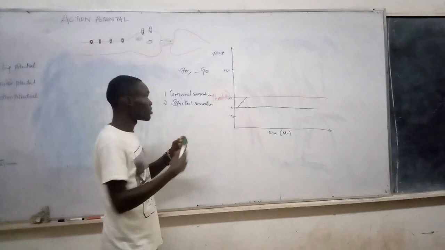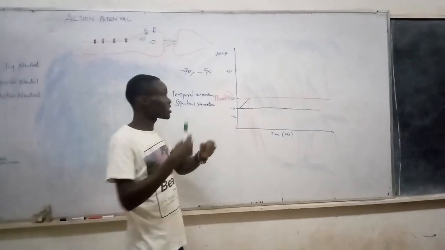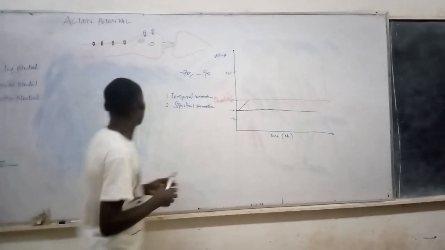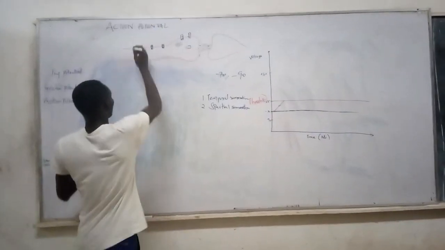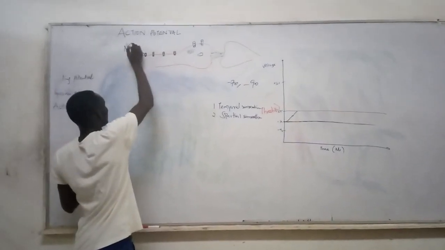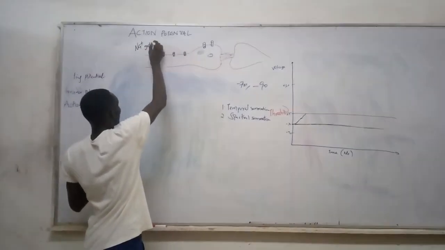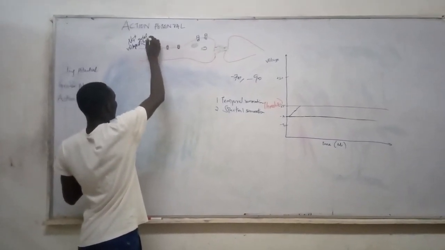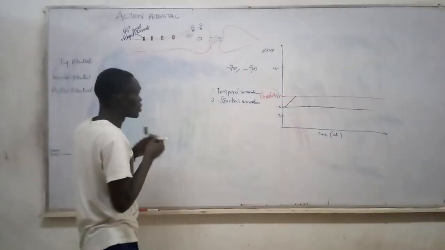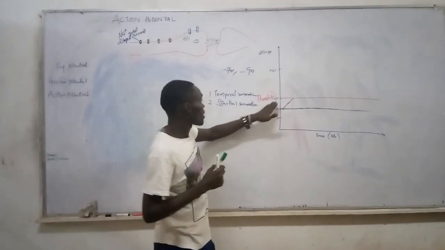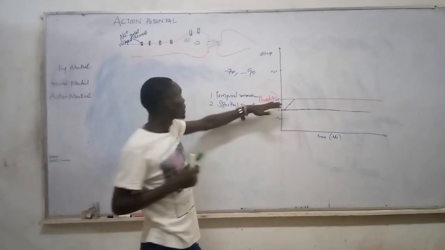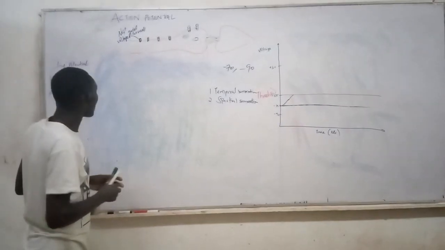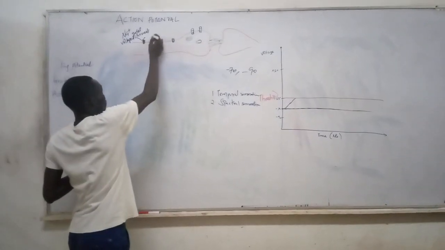When the stimulation continues and the voltage goes up to negative 55, something happens. There are these channels here, which we call sodium voltage-gated channels. When the membrane reaches threshold, these channels open up, and more sodium ions leak in.